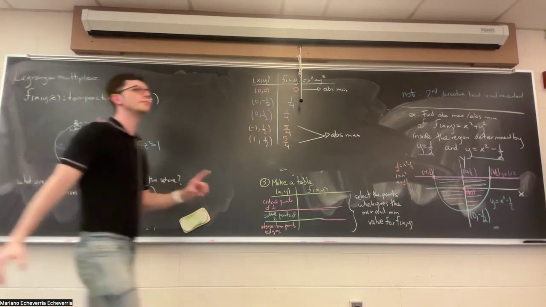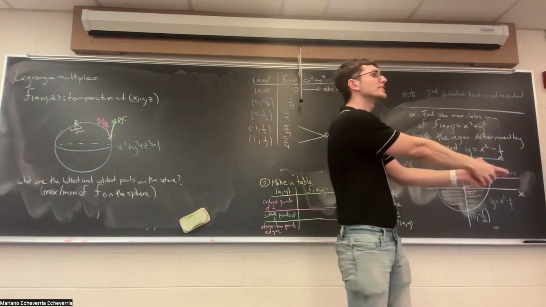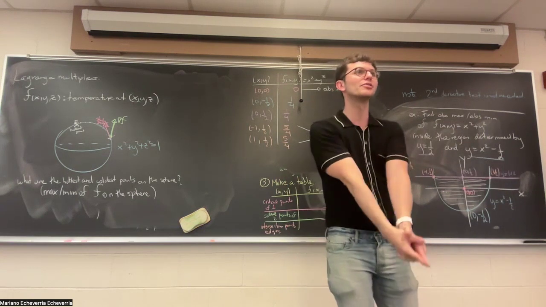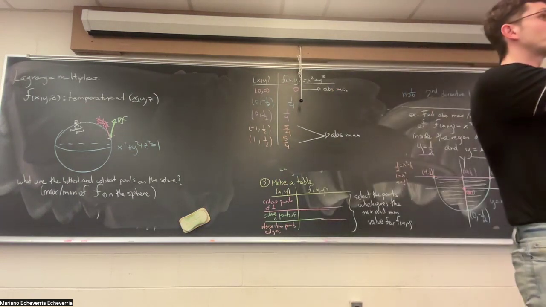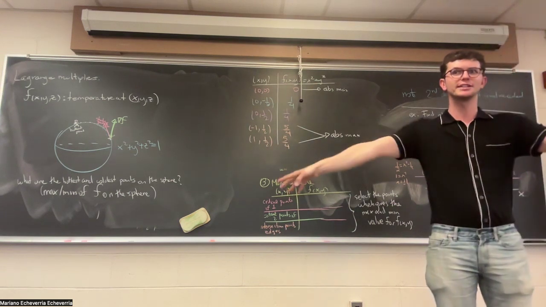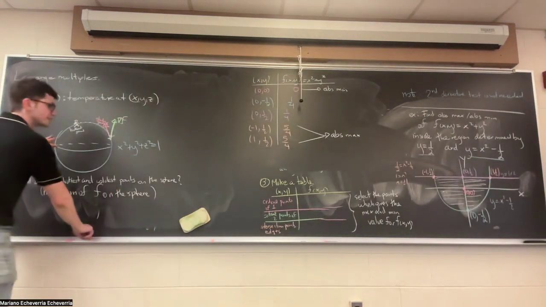What does it mean to be at the hottest point? The point is that once you got to the hottest point, there can be no more shadow. Because if there were still a shadow to follow, then you just move in that shadow and the function keeps increasing, right? So once you get to the hottest point, the shadow needs to go away. Is that making sense? So here, the shadow must be the zero vector.